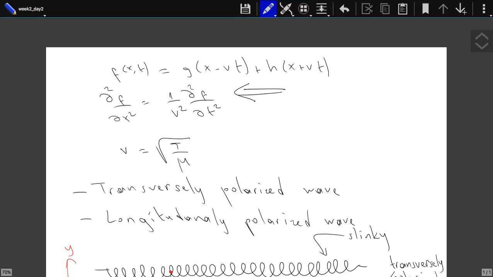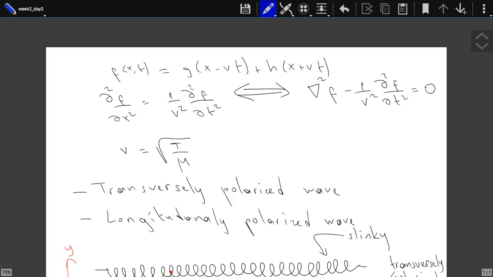If we can show that, at least under certain circumstances, the electric field or the magnetic field satisfies an equation of this form, or let's say more generally, the Laplacian acting on f minus 1 over v squared del squared f by del t squared should be equal to 0. This is the three-dimensional generalization of our wave equation.